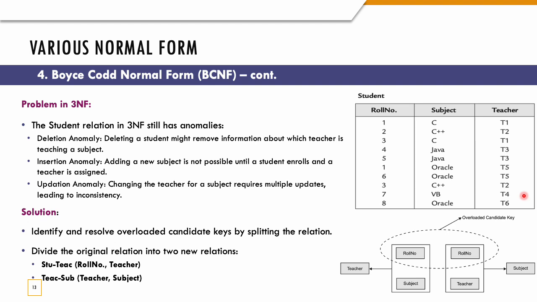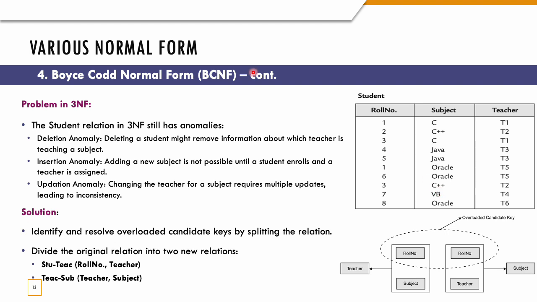So the delete anomaly: if we delete a student with roll number, for example, roll number 7, we might also accidentally lose the information that teacher T4 teaches the subject Phoebe, if there are no other records linking them. Okay, that was the delete anomaly.